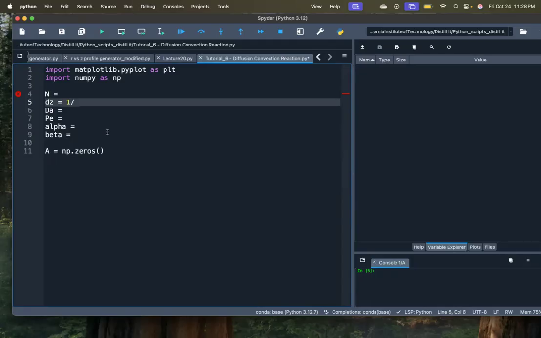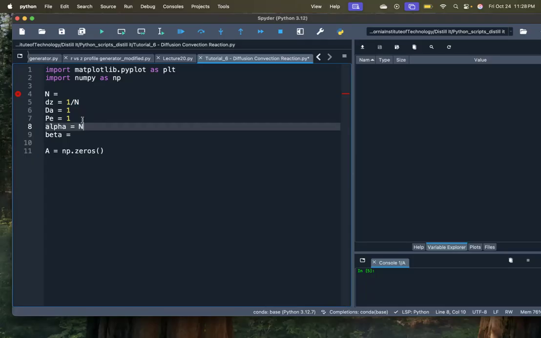So dz, as we know, is 1 over n. And the Damkohler number, let's just take to be 1 for now, okay? And we had defined our alpha as n squared, so we'll just say that's n squared.